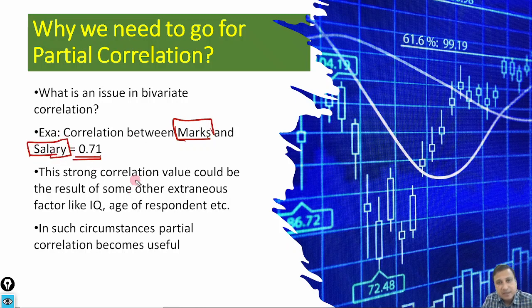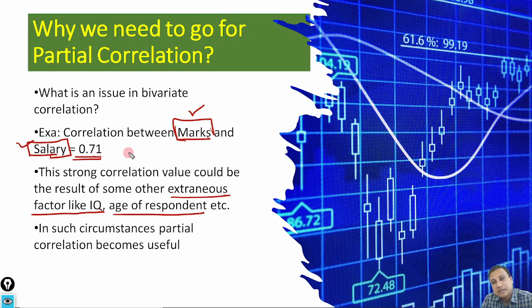If I go a little further, this strong correlation value could be the result of some other extraneous factors like IQ or age of respondent, etc. Suppose I have different variables with me, and I have just considered two variables, marks and salary, and the values associated with them give me the correlation value, 0.71.